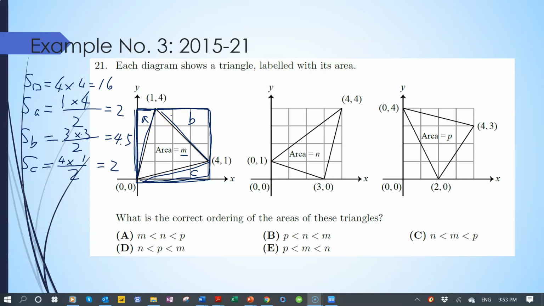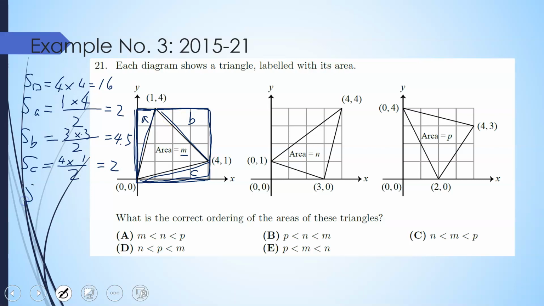So the area S of the middle triangle equals the area of the square minus area of the first triangle, 2, minus the second triangle minus the third triangle will give us 7.5.